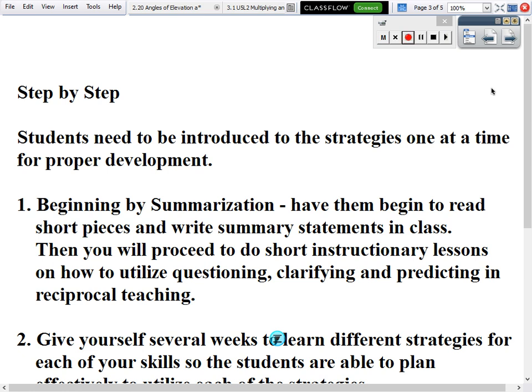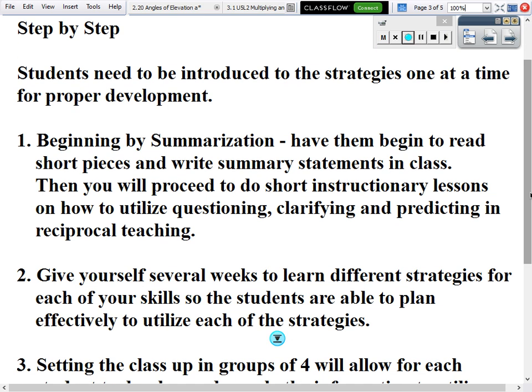Now, there's a process that the book gives us, and we're talking about being able to have the students read something and then summarize it, basically being able to take a small text. And of course, this is something that we want to start off with slowly, because they're going to have to learn, just like we did as teachers, how to apply these different strategies. So we're breaking it up into single activities, whether we're talking about summarizing, predicting, anything like that.